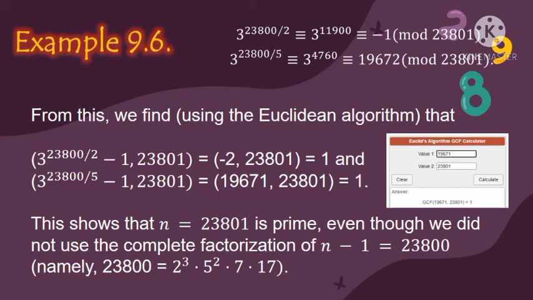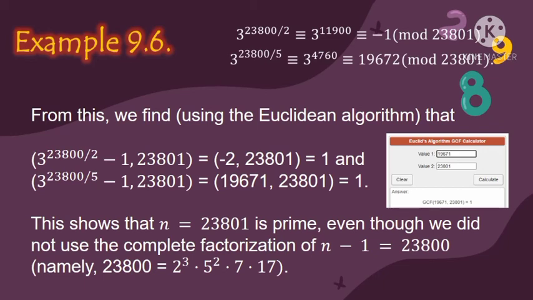And the GCF of negative 2 and 23,801 is equal to 1 using the Euclid's algorithm GCF calculator. And the GCF of 3 raised to 23,800 divided by 5 minus 1, which is 19,671, and 23,801 is equal to 1.